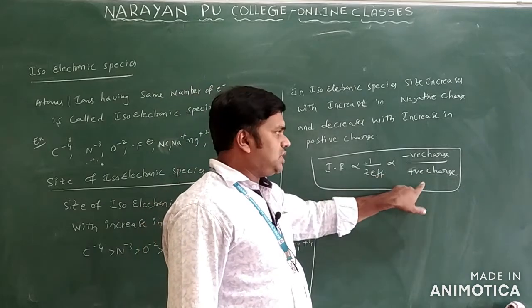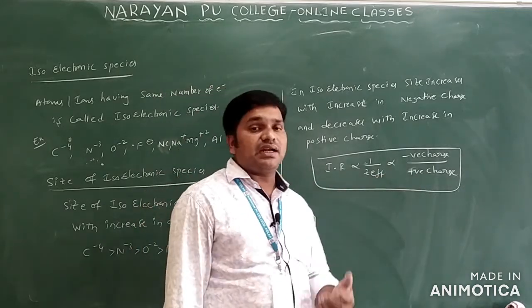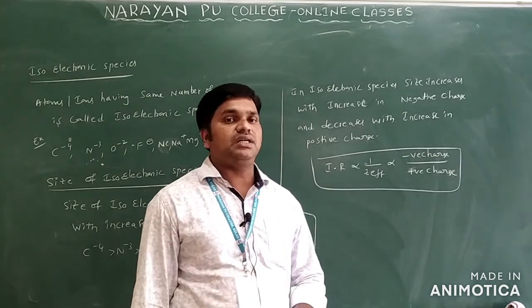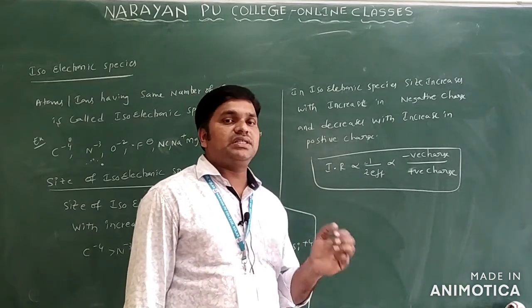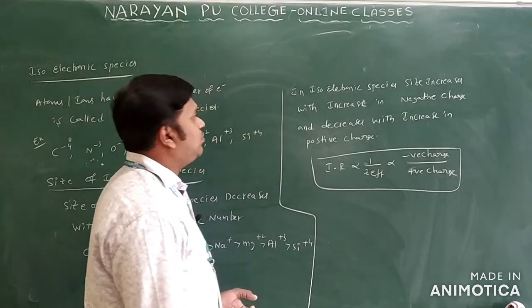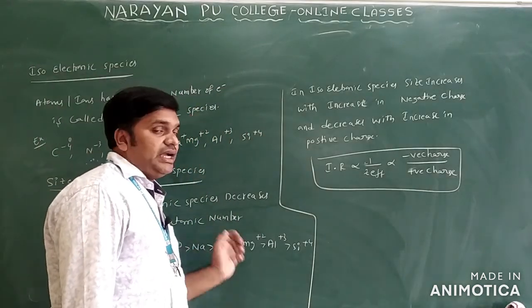Positive charge increases, ionic radius decreases only. So ionic radius or atomic radius is inversely proportional to nuclear charge or effective nuclear charge. If the nuclear charge increases, generally size decreases. If the nuclear charge decreases, size increases only. So this is regarding isoelectronic species and ionic size only.